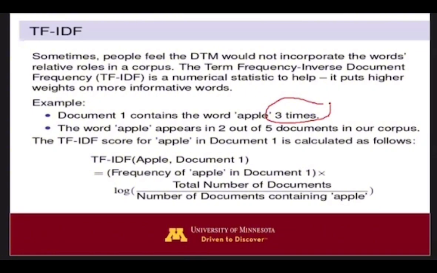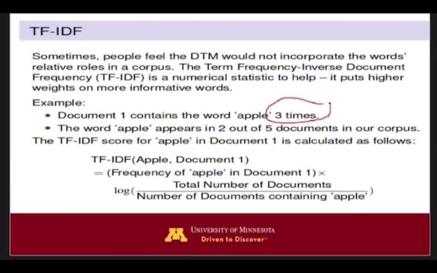Like we can say there's high probability, maybe 70%, that this item is going to be in group one, and maybe 5% probability that it's going to be in group two. Apple could appear 3 times in one document and appear only once in another document. Does that make sense?